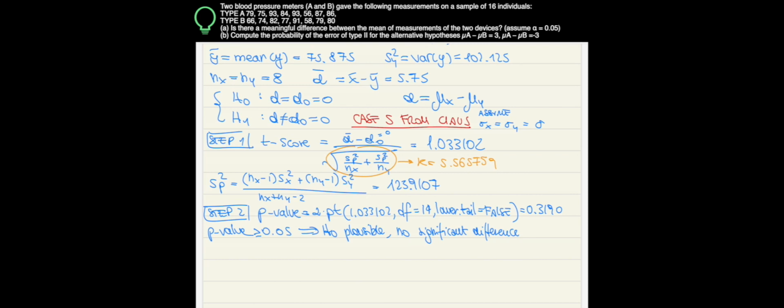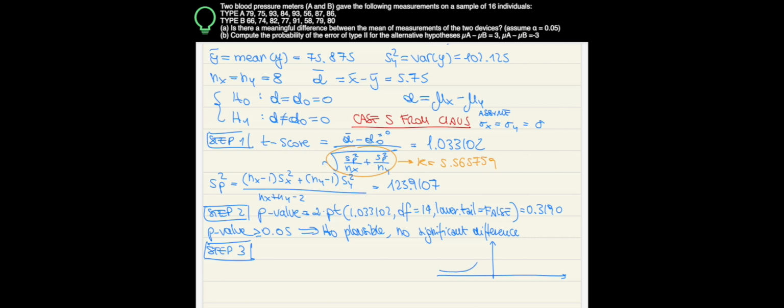So you know that when we are asked to compute the type 2 error, we do have to calculate the critical region. So the critical region, I'll do a tiny plot here.